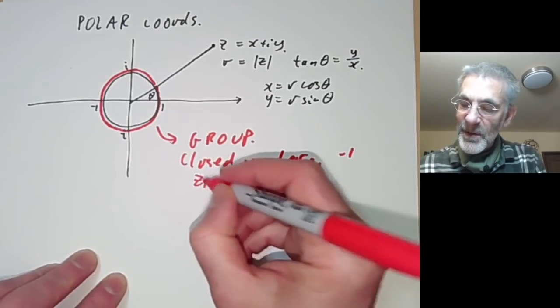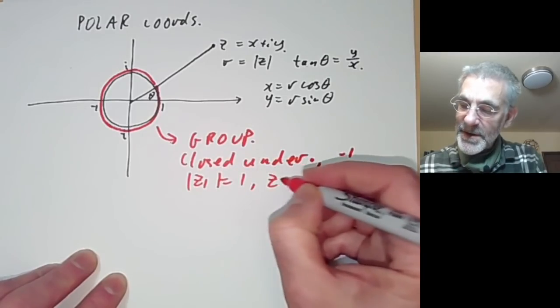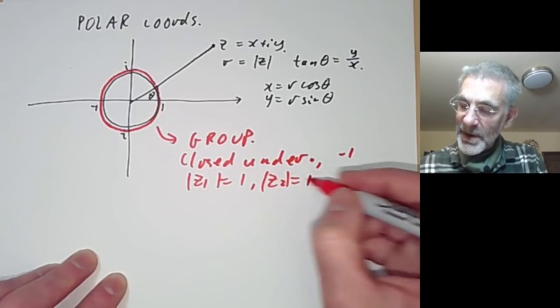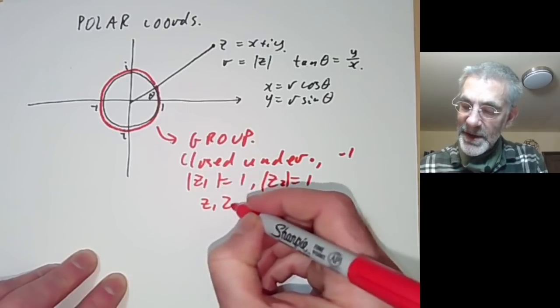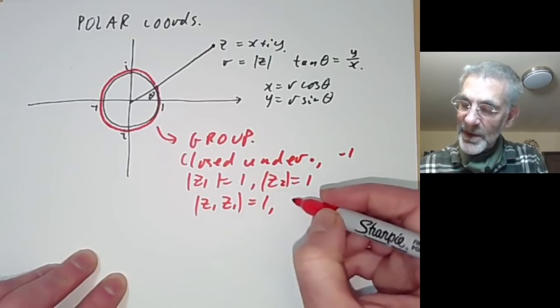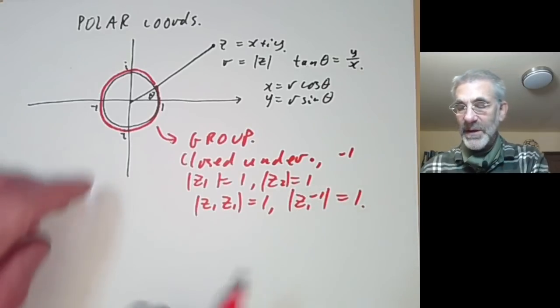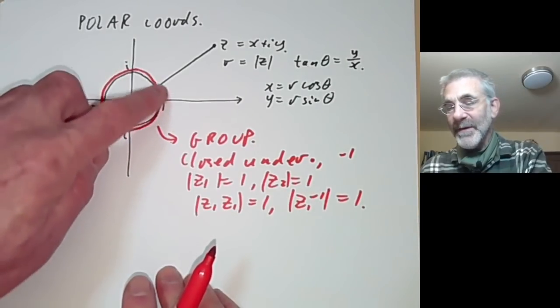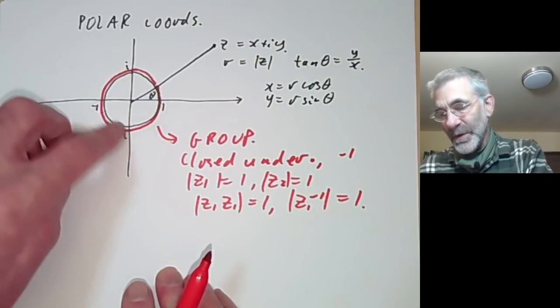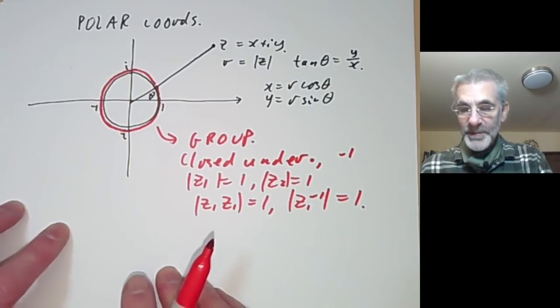So if z1 and z2 have absolute value equal to 1, then z1 z2 also has absolute value equal to 1, and the inverse of z1 has absolute value equal to 1. So we can multiply and divide points on this red circle group.